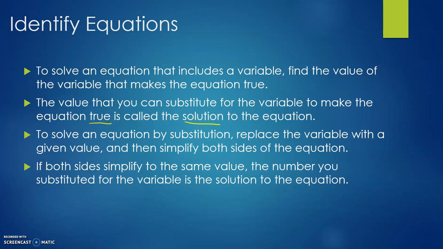To solve an equation with substitution, which is what we're going to do today, we're going to replace a variable with a value, and then we're going to solve to see if it's true. And here's the key idea. If both sides simplify to the same value, then that means that the number we substituted for the variable is the solution because it'll make it true. So let me show you that.